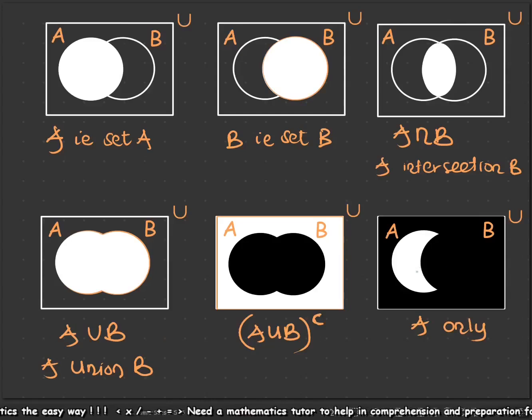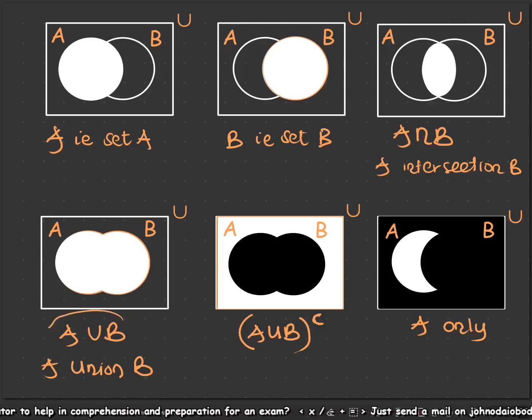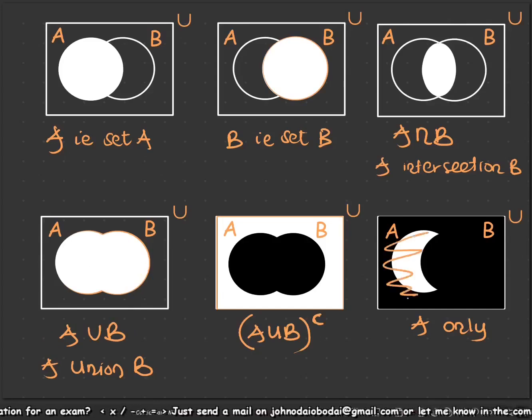But if we want the mathematical notation, that one you really have to take your time. First of all, let's take A union B. Then out of our A union B, let's take out B. That is what will give us what we have over here.